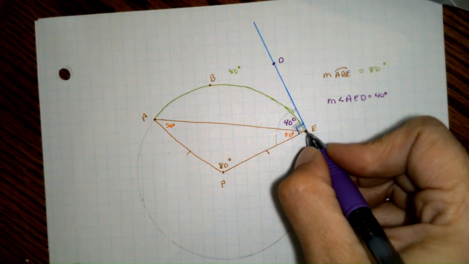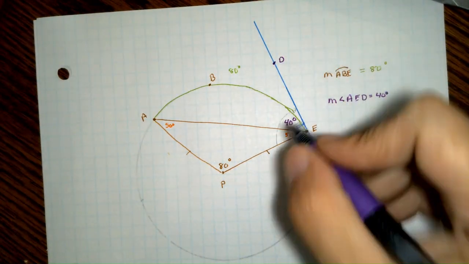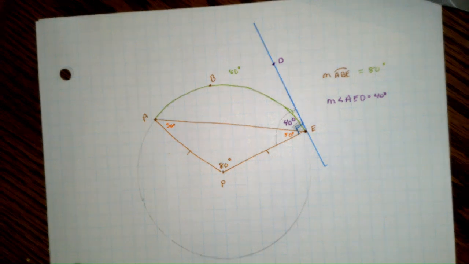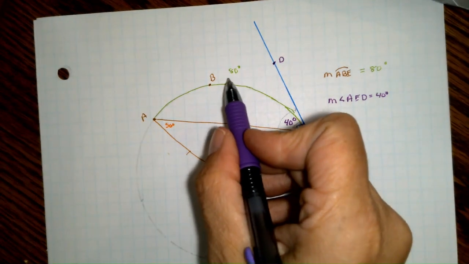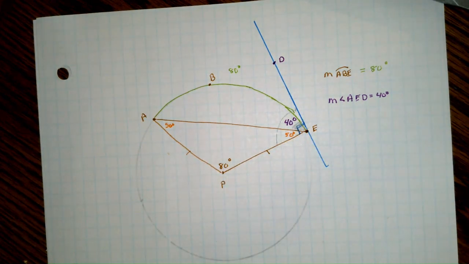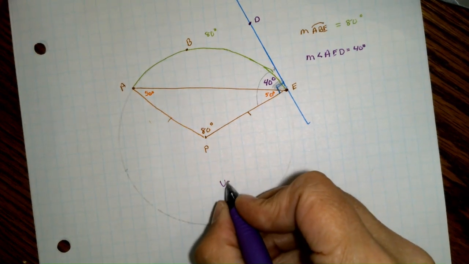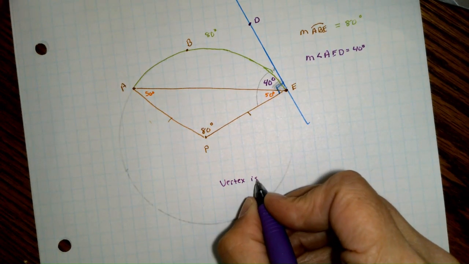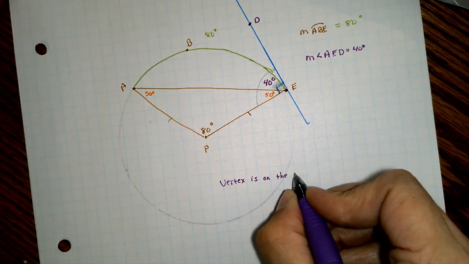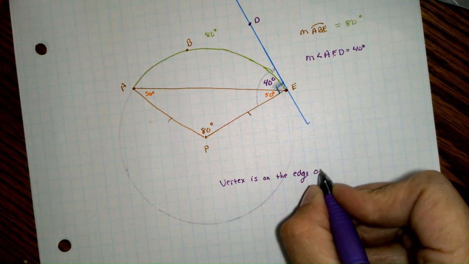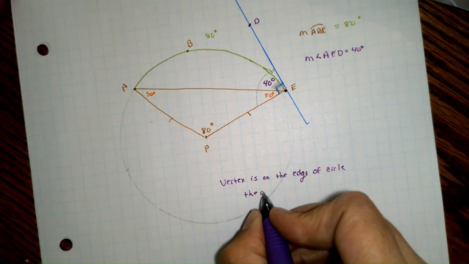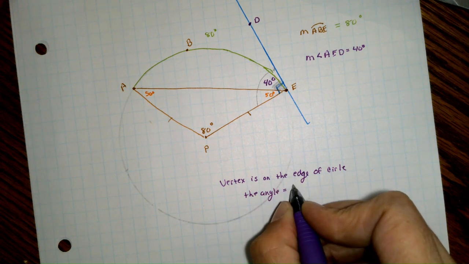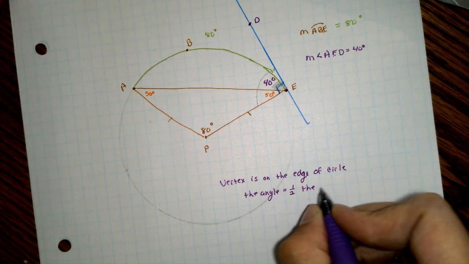So even though one side was outside the circle, because of all these relationships, this happened to still be half of the arc size. So when the vertex is on the edge of the circle, the angle equals 1/2 the arc.